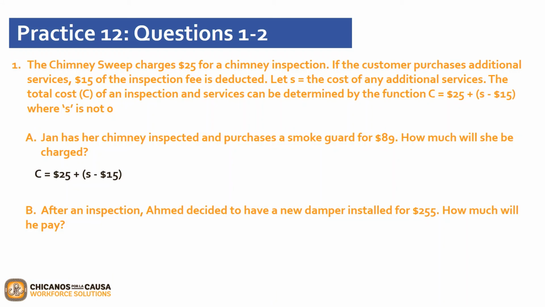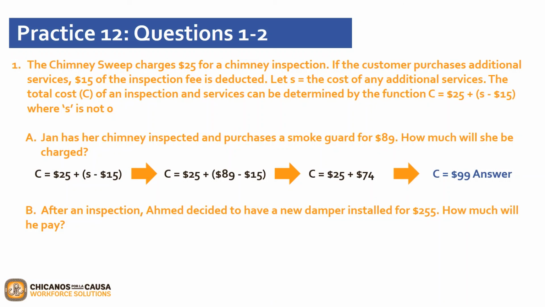So this gives us C equals $25 plus $89 minus $15. We do the quick subtraction there, and now we have C equals $25 plus $74, giving us a final answer of C equals $99. So this is how much Jan is going to be charged.